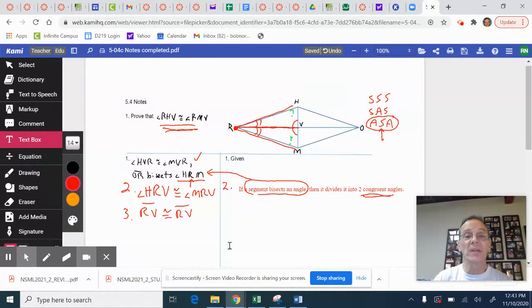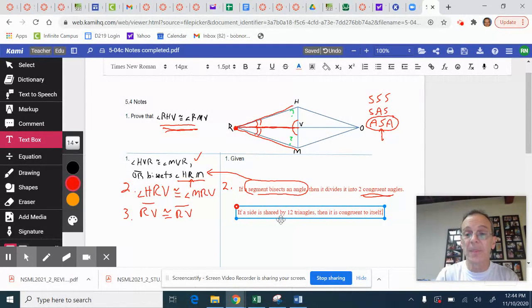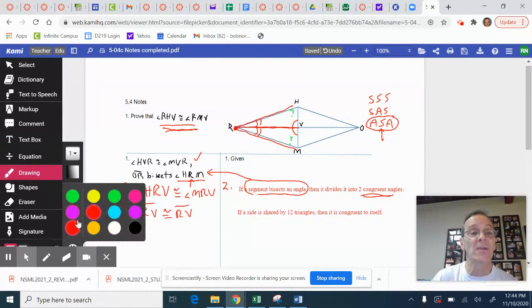And the way I like you to write this as an if-then reason is: if a side is shared by two triangles, then it is congruent to itself, right? It's not helpful to say a side is congruent to itself unless it's shared by two congruent triangles.